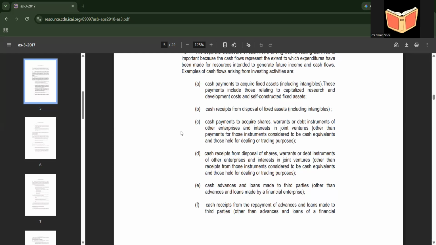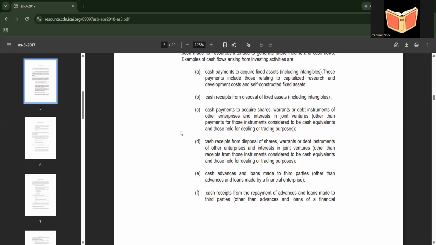The answer is very clear that for a financial entity, maybe a bank or whatever, the interest payment or interest receipt or even dividend receipts are principal revenue producing activities, so they have to be disclosed under operating activities. And if it is a matter of dividend payment, then it is a cost of finance, and it should be classified under financing activities, even if it is a financial entity.